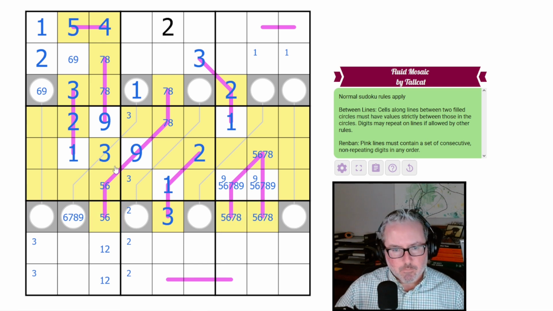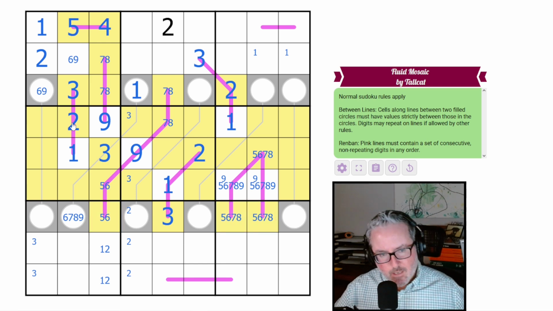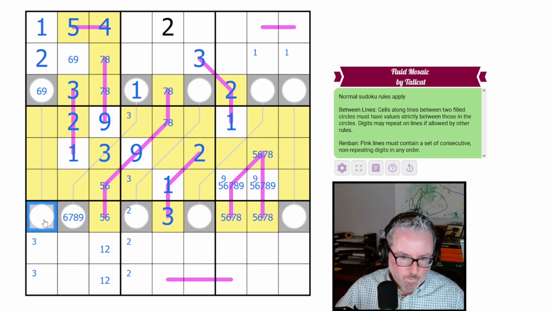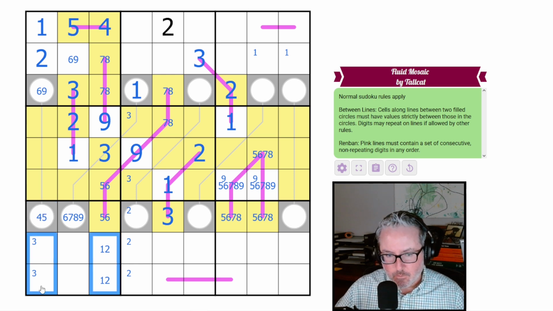Yeah, not quite, but we can probably keep going on these things a little bit. This is 6 or 9. That pushes this down to 5 or less. 5, 4. Well, it can't be 1, 2, or 3. This can't be 6 then.